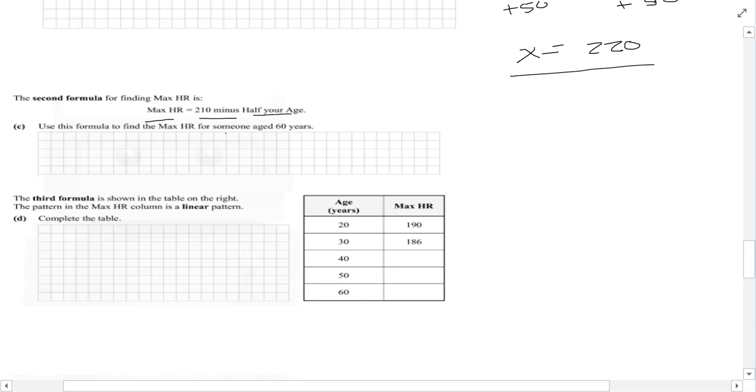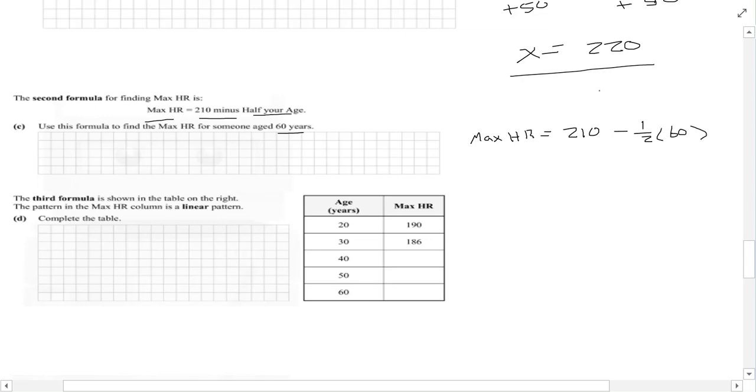If somebody is 60 years, the max heart rate is going to be equal to 210 minus half of your age, minus a half times the age, which in this case is 60.